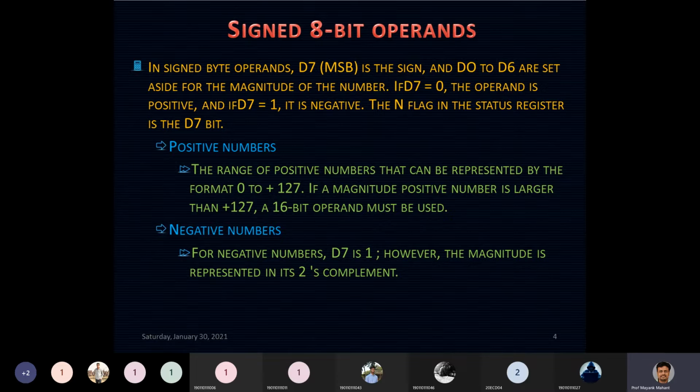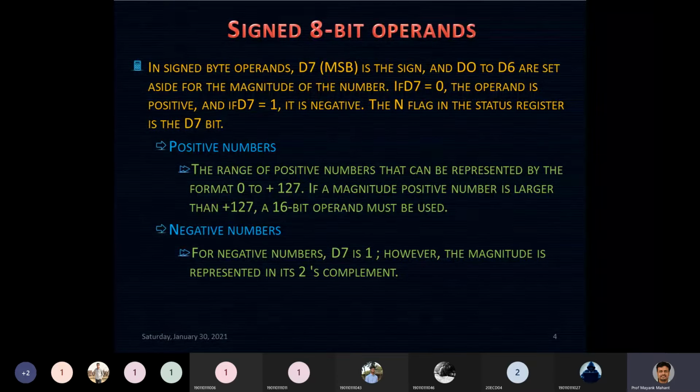So if this is the format, then we can store a positive number from 0 to +127. If the magnitude of a number is larger than 127, then 16-bit operands must be used. So rather than using only 1 byte, you need to use 16 bits for that particular number.